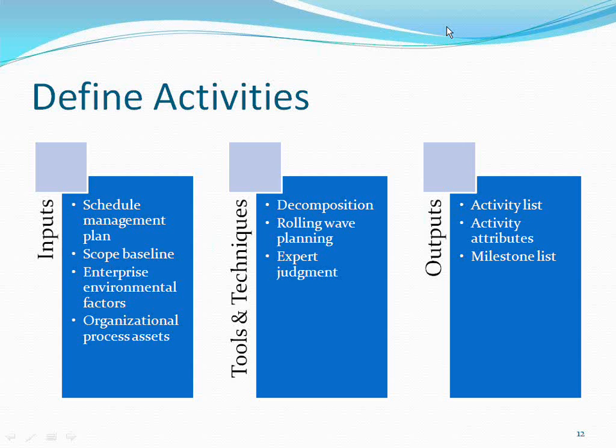That is the successor. So for each activity, you decide who is the predecessor and who is the successor. Logical relationship: is there a relationship between this activity and another activity? Remember, there will be a relationship. Without designing or coding, you cannot test.